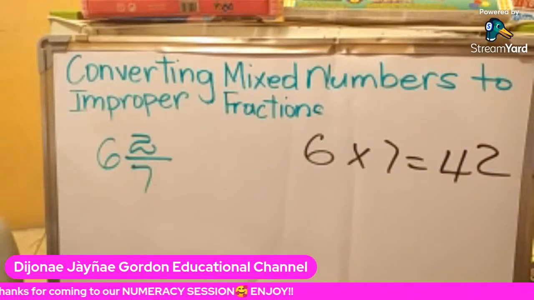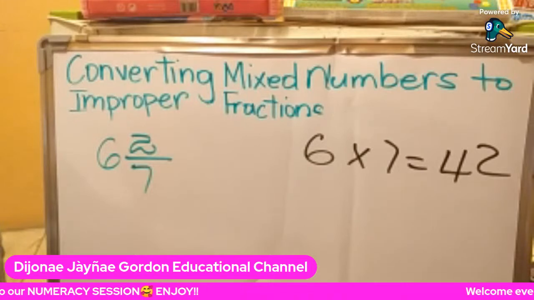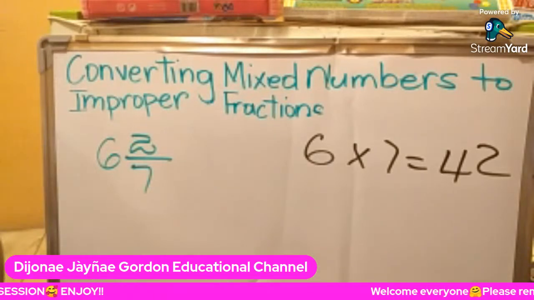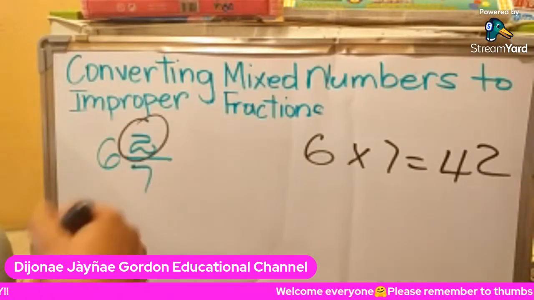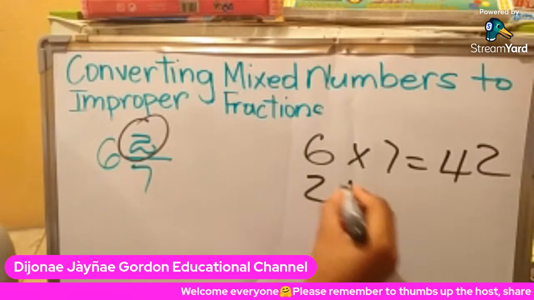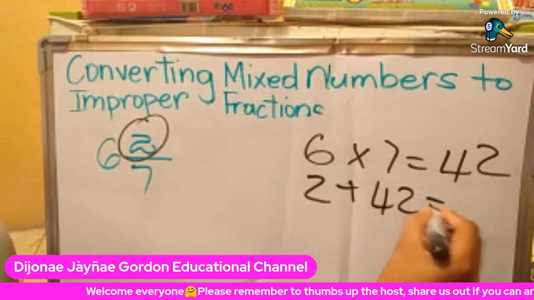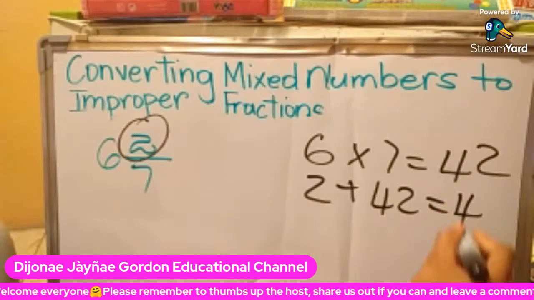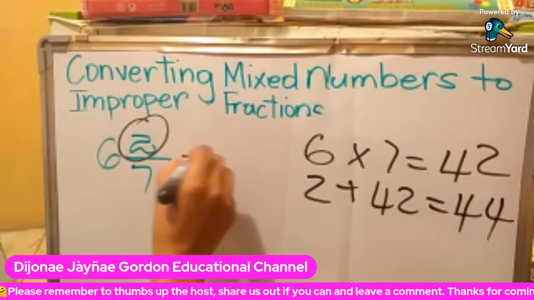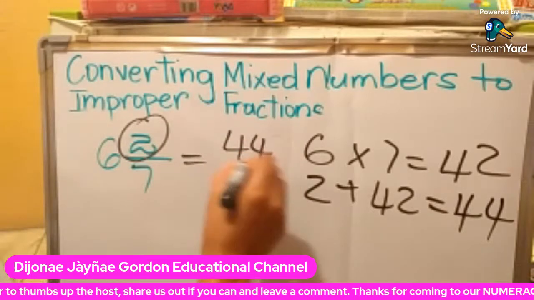So that 42 that you get, you are going to add it to your numerator, which is 2. So 2 plus 42 is going to give you 44. So now your answer should be 44 over 7.